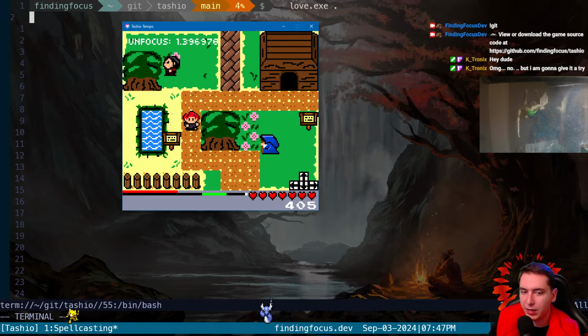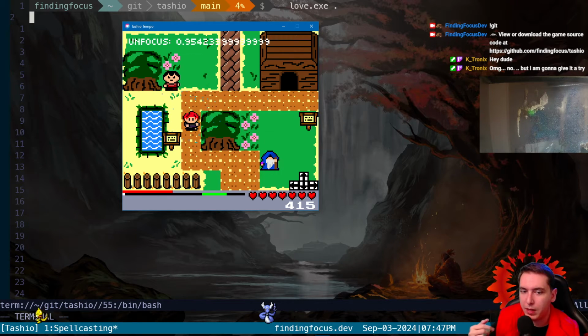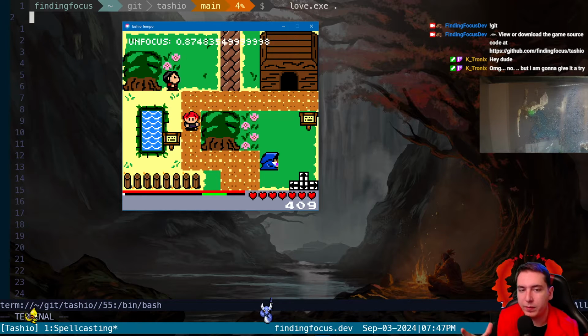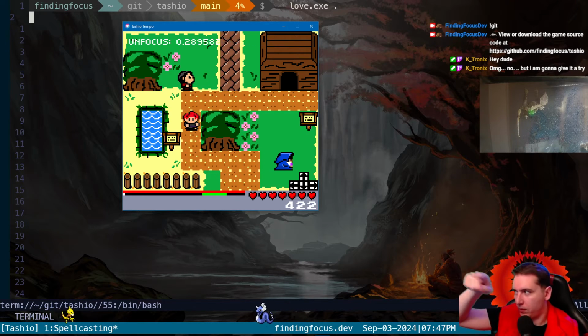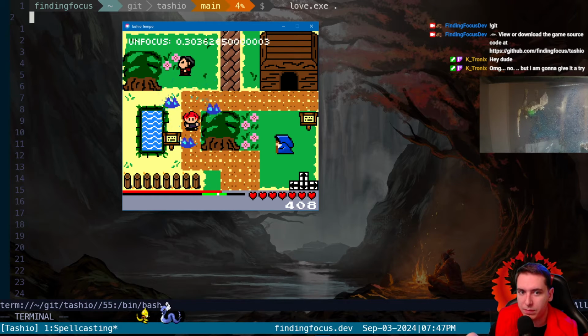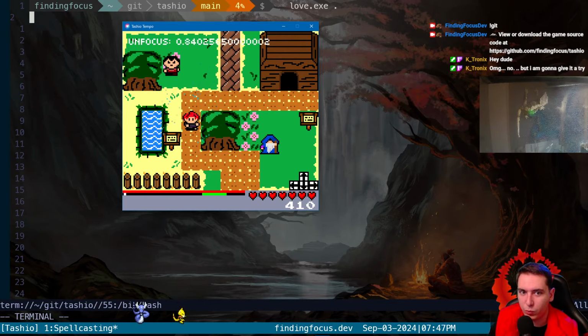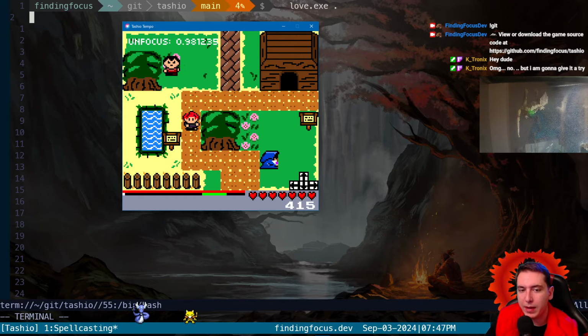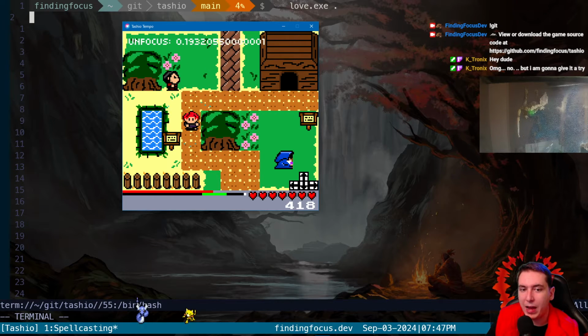Right now it takes like 5 seconds for the manus to drain all the way. That's one factor. Another factor is how many spells are surrounding you. Right now there's 3, but we can go as many as 5 or 6 and as little as 1. And then there's how crazy our unfocus is.